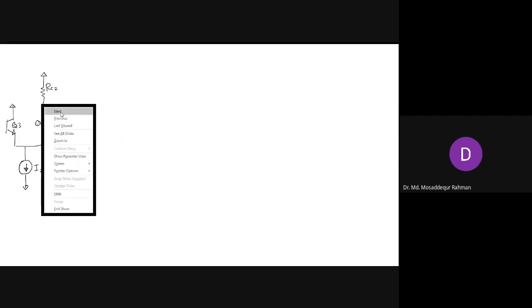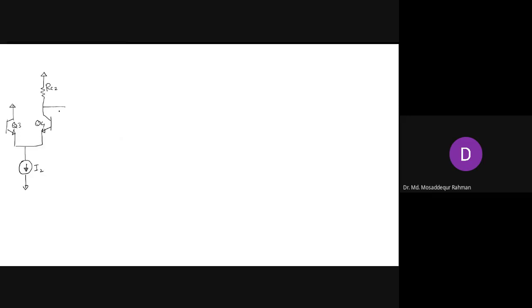So we have RC2 here. We have I2, and that is our Q3, Q4. What we do is take the output from here.